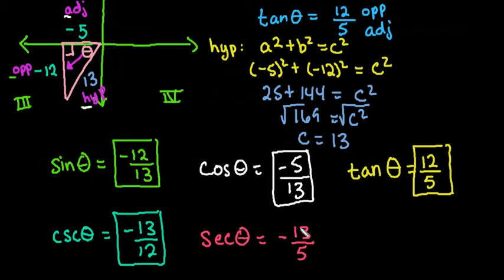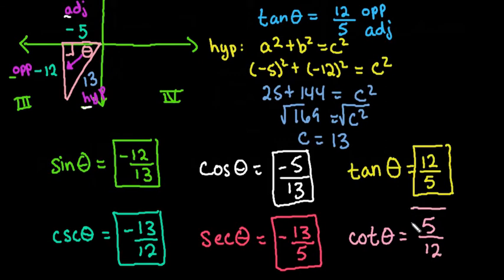It doesn't matter where you have the negative as long as it's included. It can be out front, directly in front of the 5, or in the numerator. They're all equivalent expressions. And our last one is cotangent, the reciprocal of tangent, so it's 5 over 12.